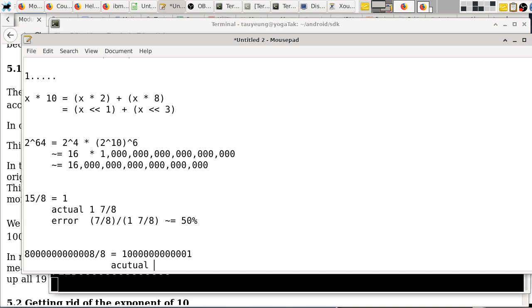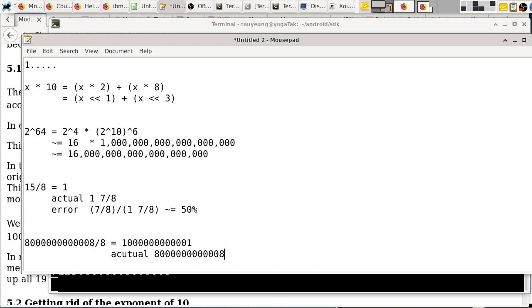What is the actual? The actual is going to be about the same thing, but add to it 7/8. Nope, there's no error in this case. Okay, fine. We'll make an error here. Okay, so now we have an error.